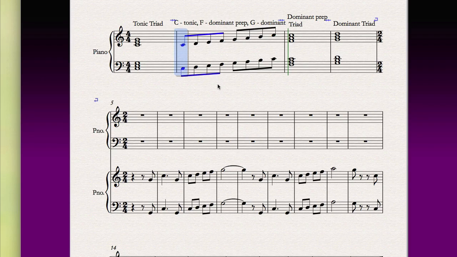If we were to build a triad, a triad is just three notes. Three notes make up a triad, okay?